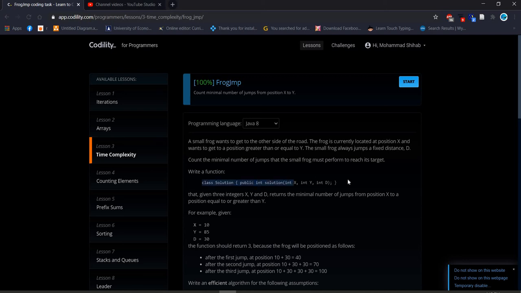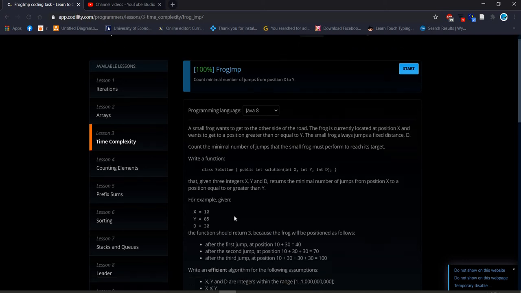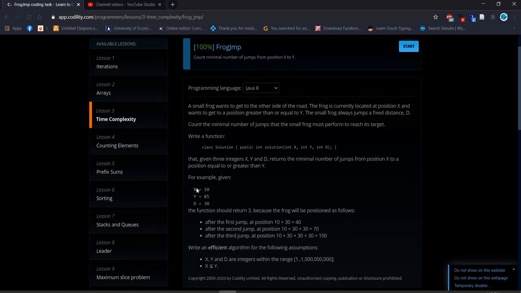So write a function. For an example, the frog is at position 10 and the target is 85, and the frog always jumps 30 kilometers per jump.